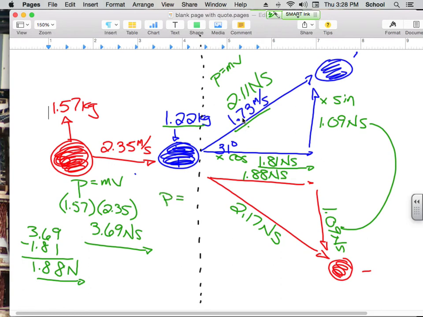So if P equals mv, and I'm looking for the velocity, m needs to move to the bottom on the other side. So we'll have 2.17 on top. The m I have to use here is the red mass, so it has to be the 1.57. So 2.17 divided by 1.57, I'm going to end up with the red ball going 1.38 meters per second.